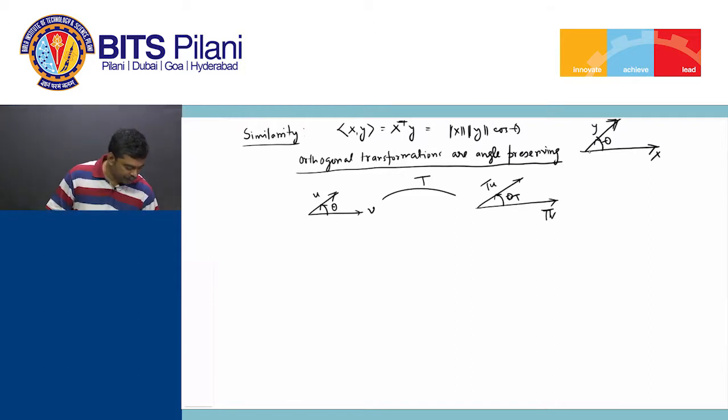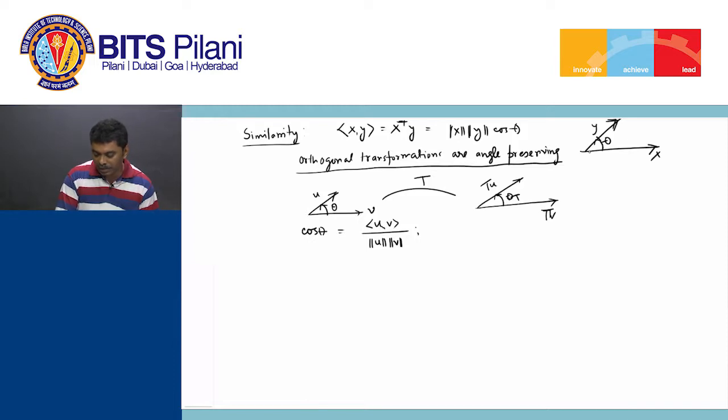Now, we know from the formula that cosine of theta is nothing but the inner product of u and v divided by the magnitude of u times the magnitude of v. This is as far as the angle between the two vectors u and v is concerned.